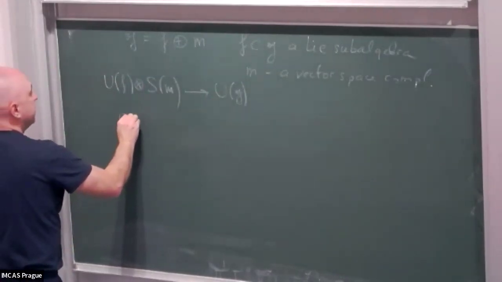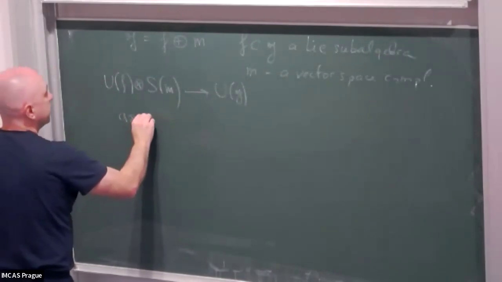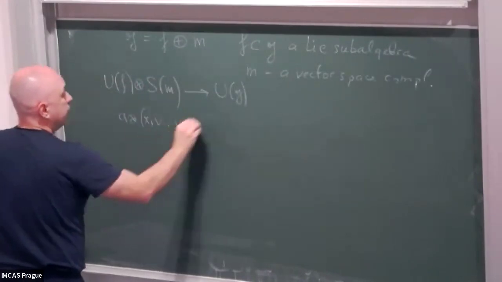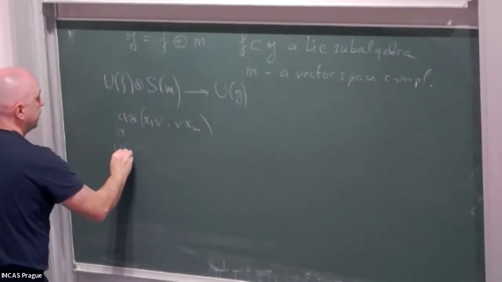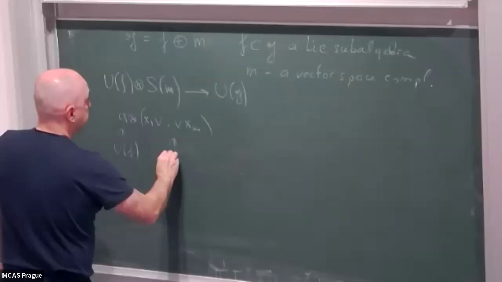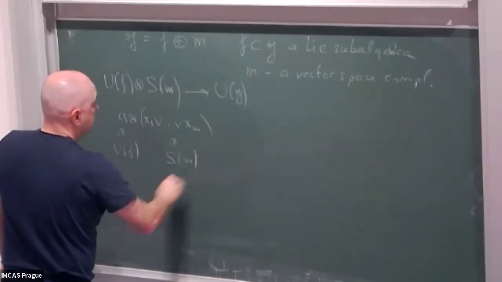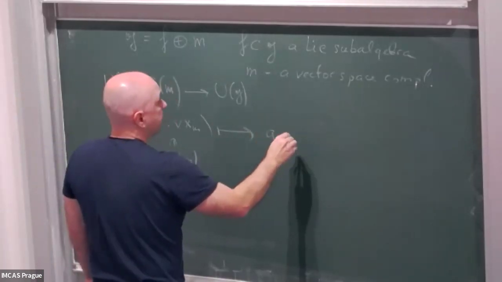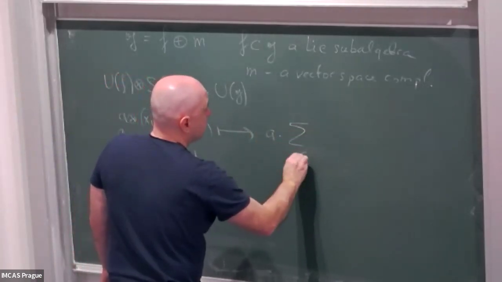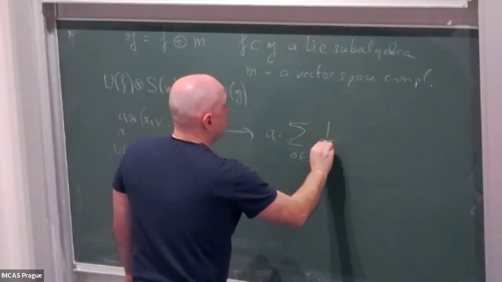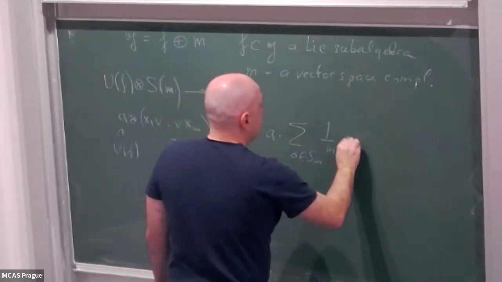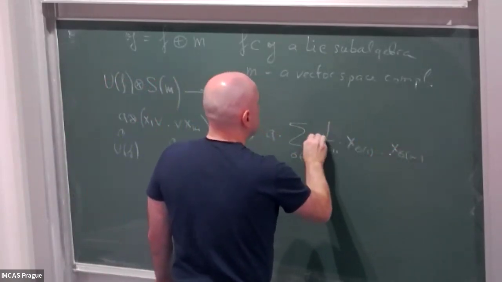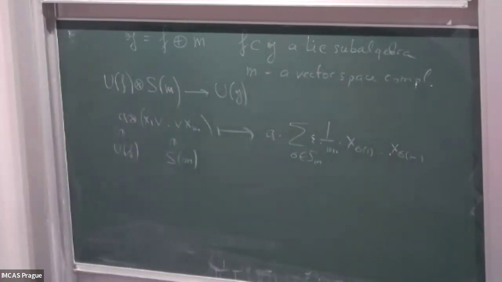We send A times X1 and so on symmetric XM, where this is an element in U H and this is an element in S M, to A times the symmetrizer, the sum over sigma in S_M of 1 over M factorial X sigma 1 and so on X sigma M, and possibly with a sign, the Koszul sign.